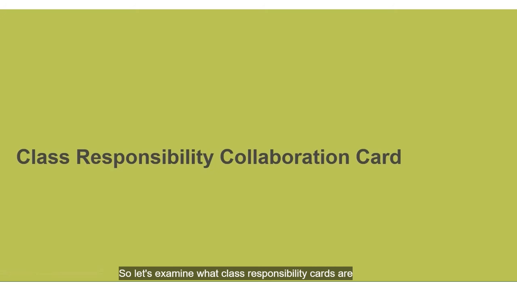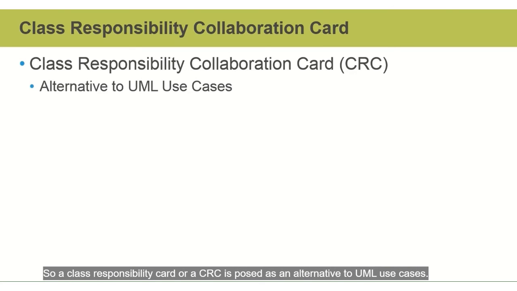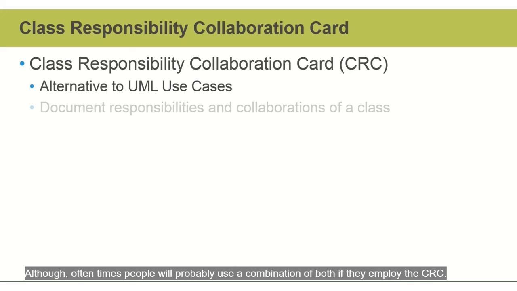So let's examine what class responsibility cards are and how you can use them to help aid in your object-oriented design. A class responsibility card, or a CRC, is proposed as an alternative to UML use cases, although oftentimes people will probably use a combination of both if they employ the CRC.